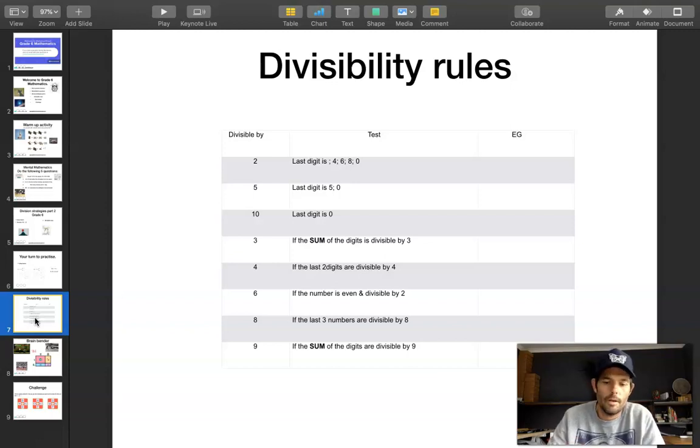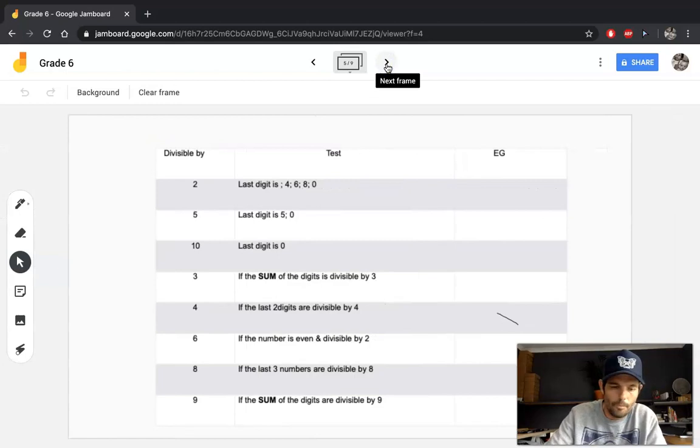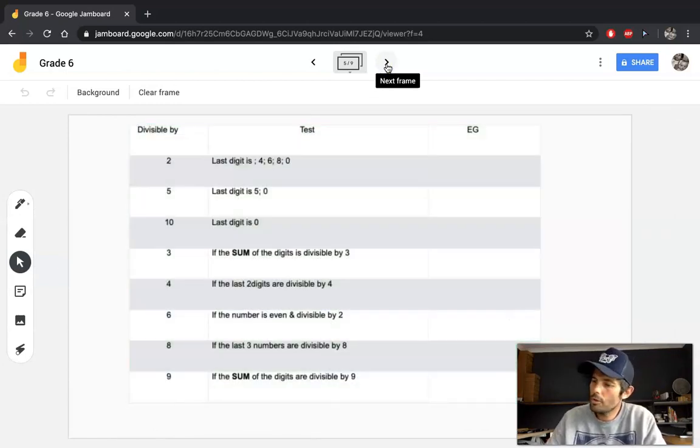When we get to the number 3, I'll actually do an example of this for you on this board where I've got the divisibility rules. If I asked you if 1,101 is divisible by 3, can that be divided by 3? Now, you can do the calculation 1,101 divided by 3, or you can use the divisibility rule, which states that if the sum of the digits is divisible by 3, then the whole number is divisible by 3.